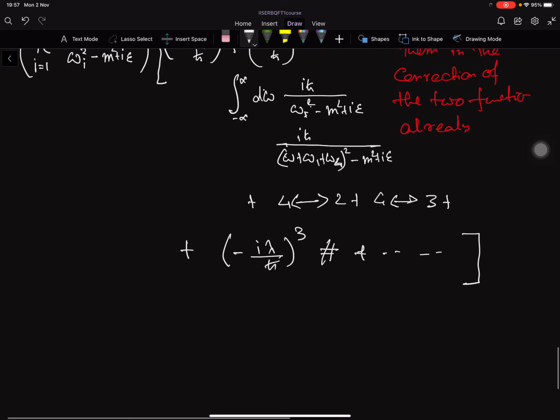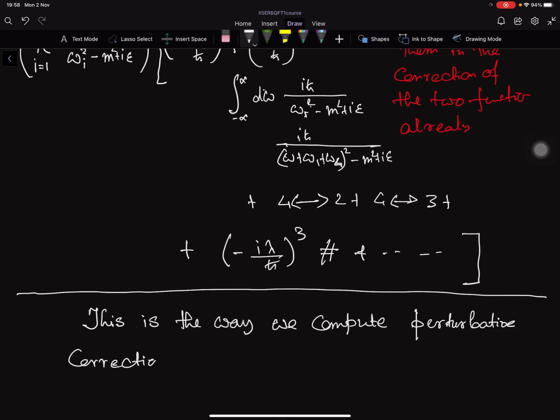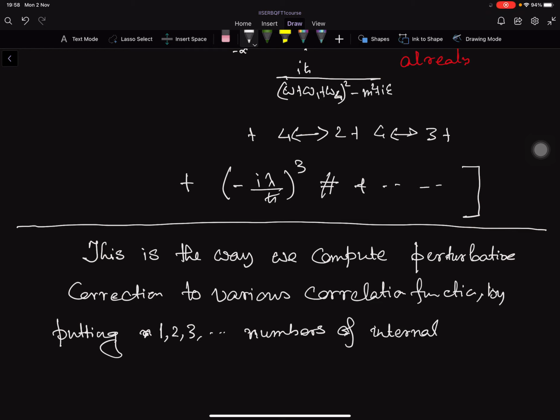So this is the way we compute perturbative correction to various correlation functions by putting one or two or three numbers of internal vertices.